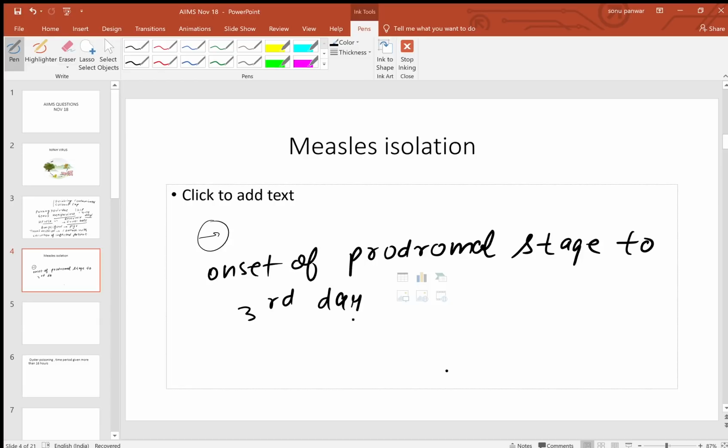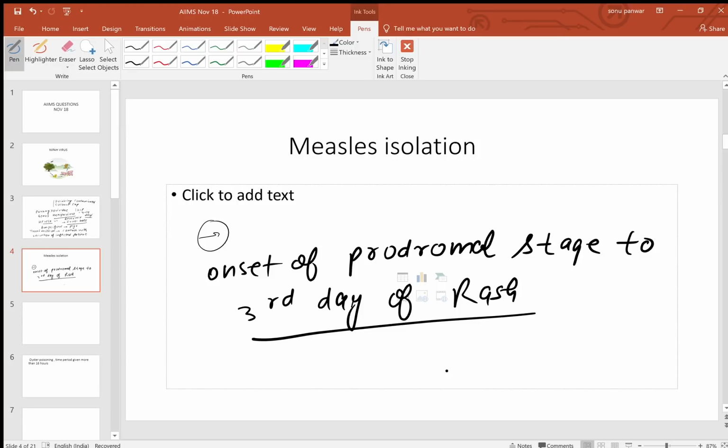Okay, to the third day of rash, this is the recommended isolation in the case of measles. So this is one of the questions which have come, and I suppose this is only what has come, that how much is the isolation period.